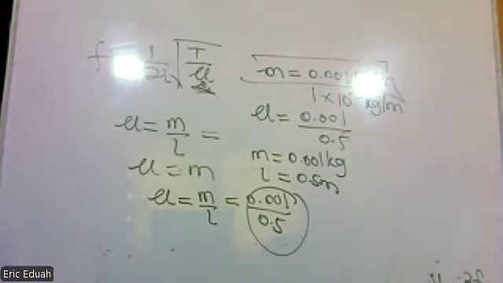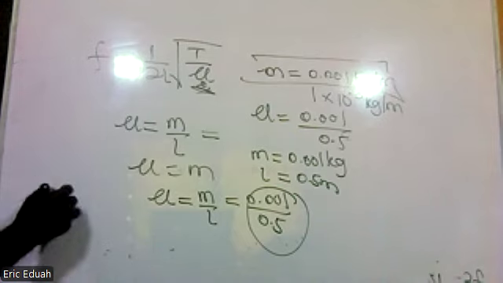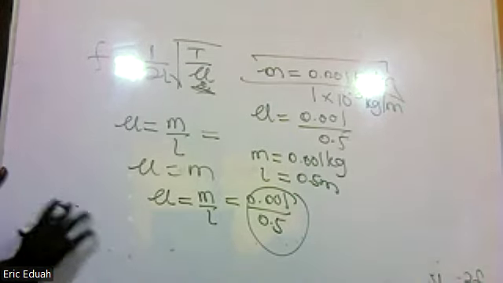Okay. So please, last question. If mu was M over L, the original formula would have been 1 on 2L root T times L over M, right? Hold on.